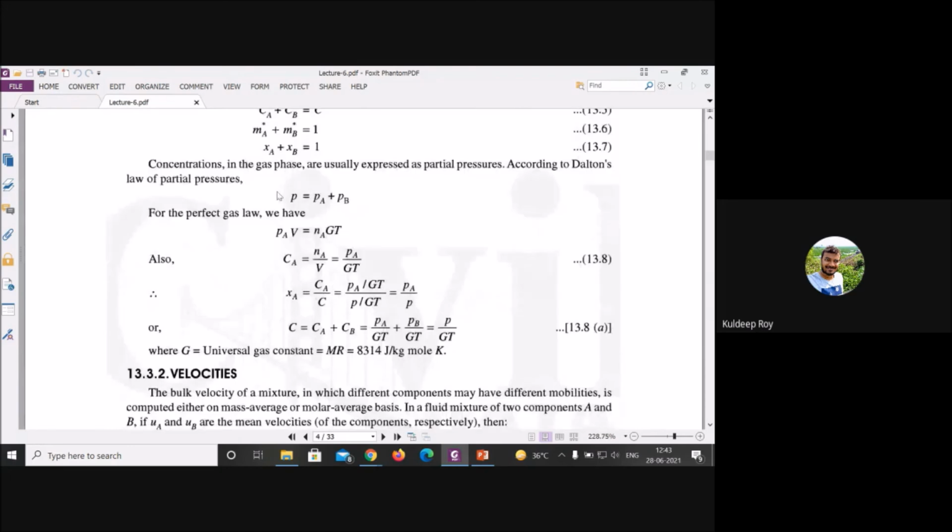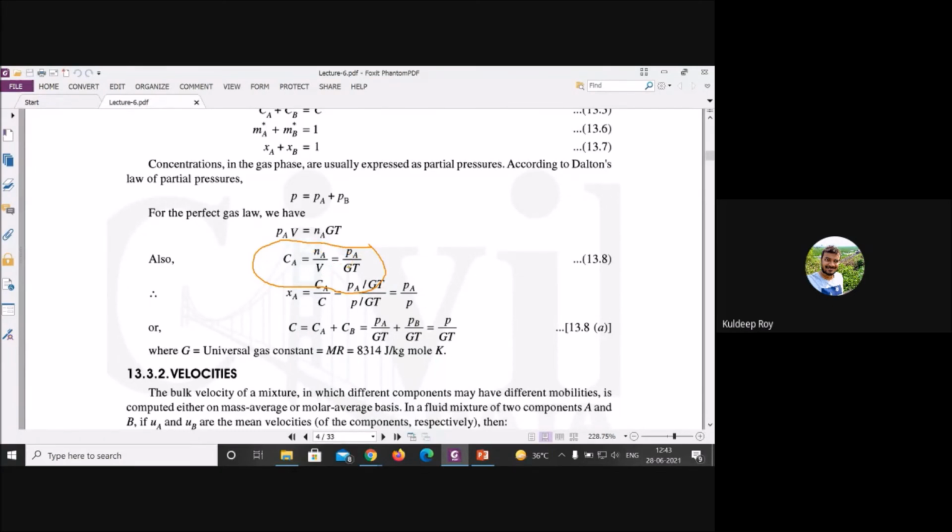These are conversions. How will you determine this equation for perfect gases, PV equal to nRT? How will you convert concentration to pressure term? Just keep this particular formula in your mind, because we will use this formula in derivation. If you want to determine concentration, it is the ratio of number of moles divided by your volume.